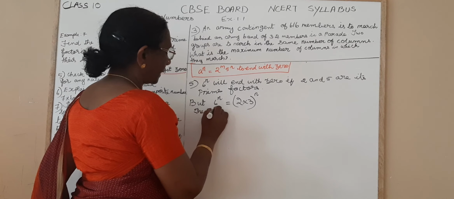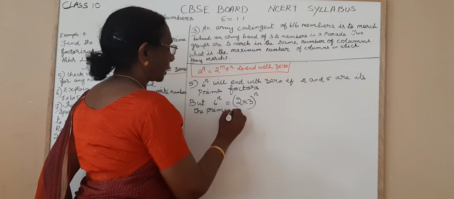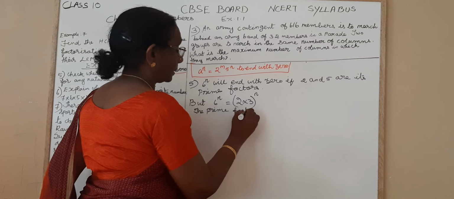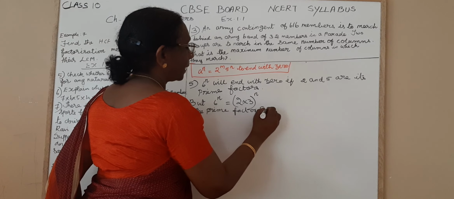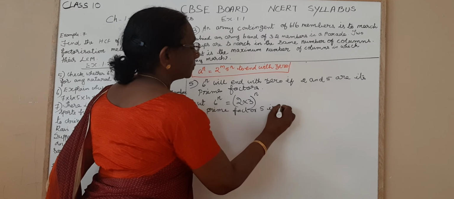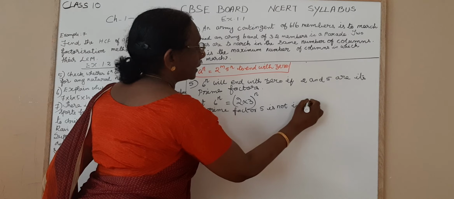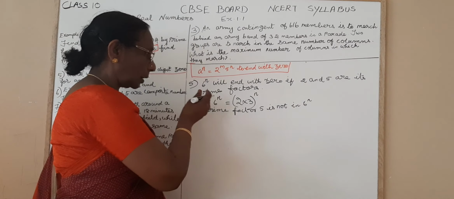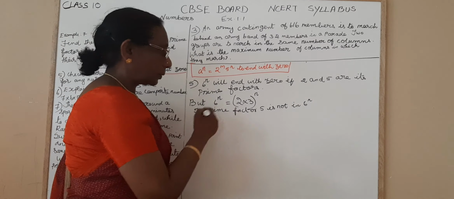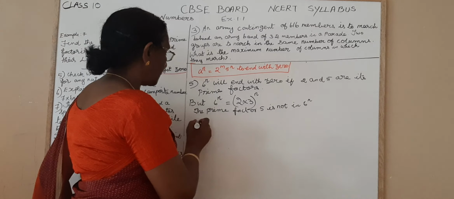The prime factor 5 is not in 6 power n. It's not in the 6 power n. So 5 is missing.